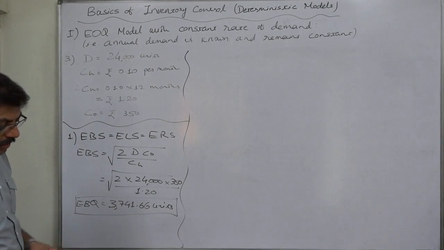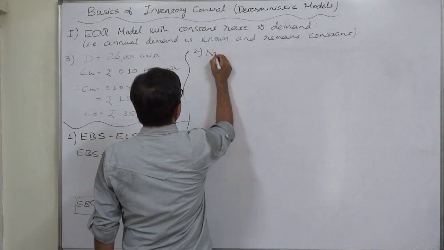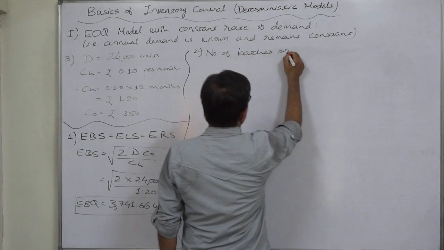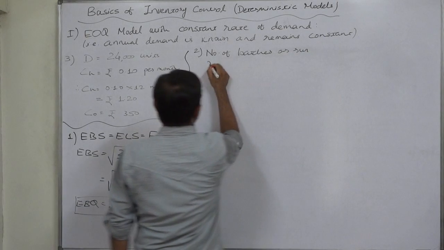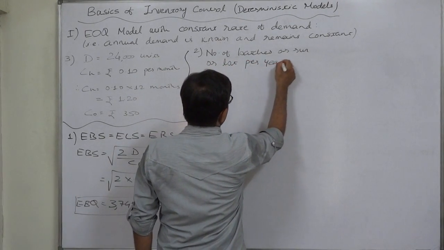Now the number of batches or number of runs per annum. Number of batches or run or lot to be manufactured per year.